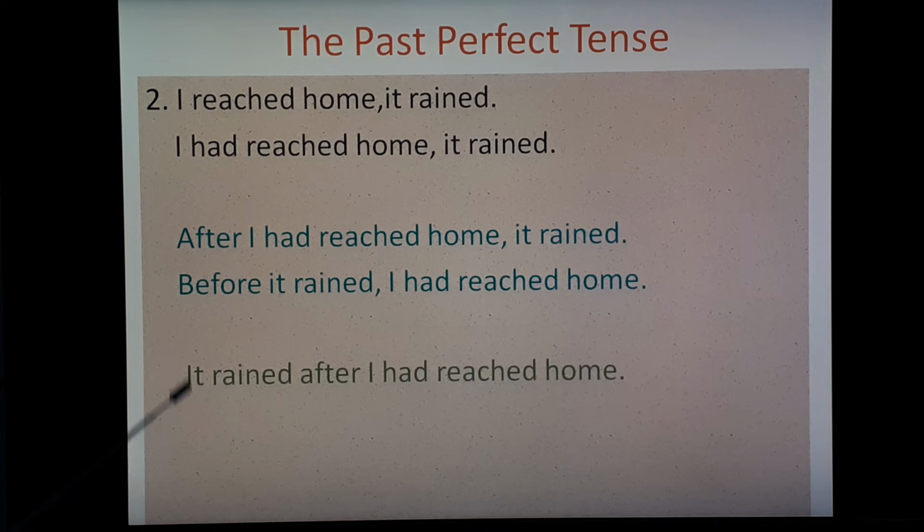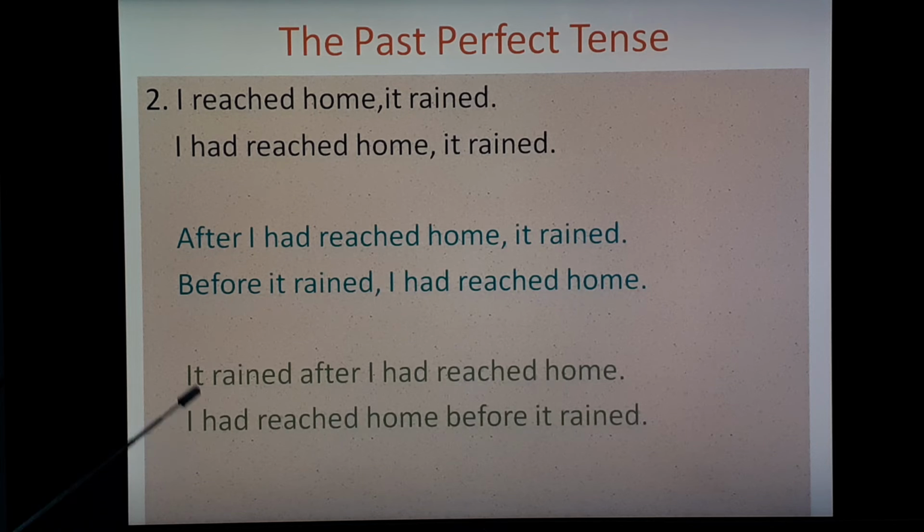After, that is given, see. It rained after I had reached home. If you want to write after in between the sentence, this way you have to frame your sentence. I had reached home before it rained. See, before, after before, V2 form will come. Whereas after, you have to use past perfect tense.